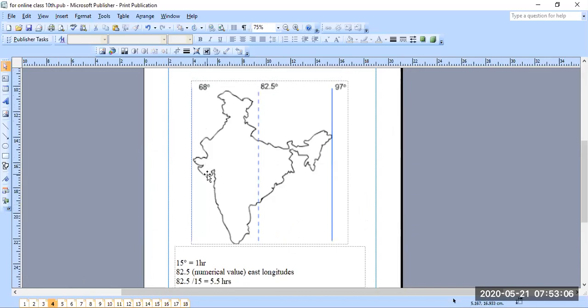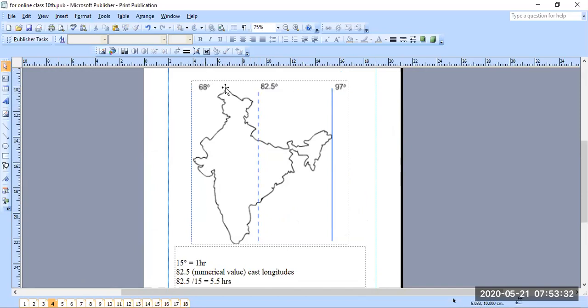India, as I told you, is located in the northeastern part. Another important aspect of longitude that we take into consideration is determining the time zone. India lies to the east of the prime meridian, between a rounded-up figure of 68 degrees east to 97 degrees east.